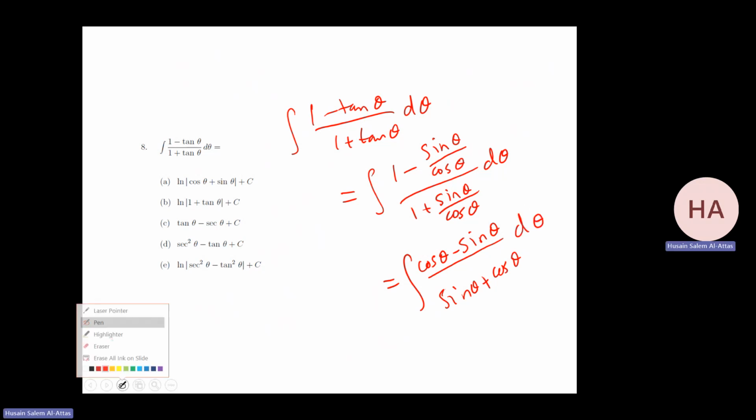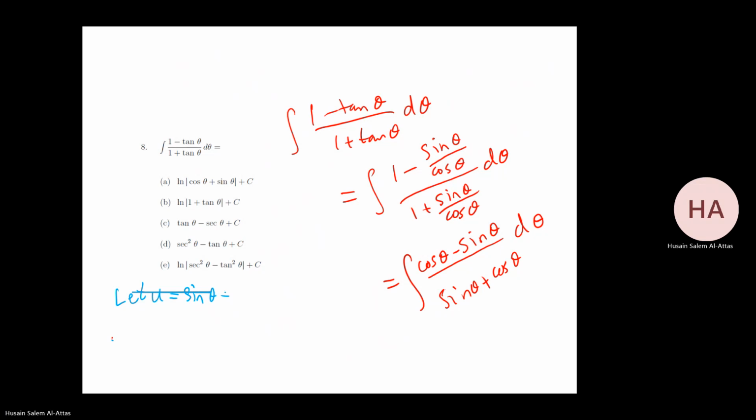The main idea: if I let u equal sine plus cosine, then du will be cosine minus sine d theta. So actually I have du over u, which is ln of u plus c.